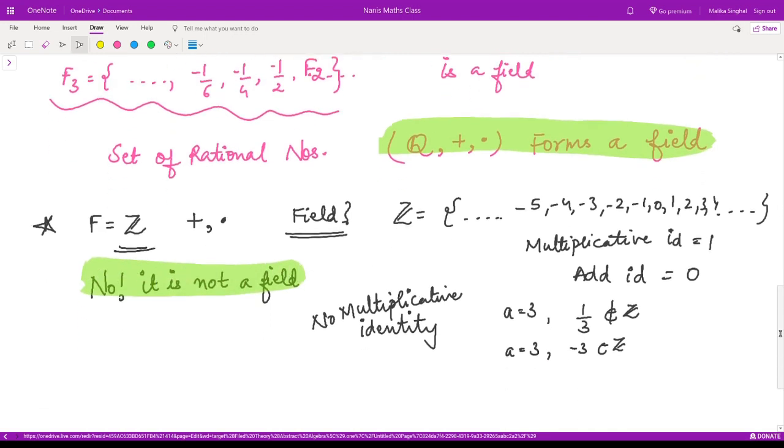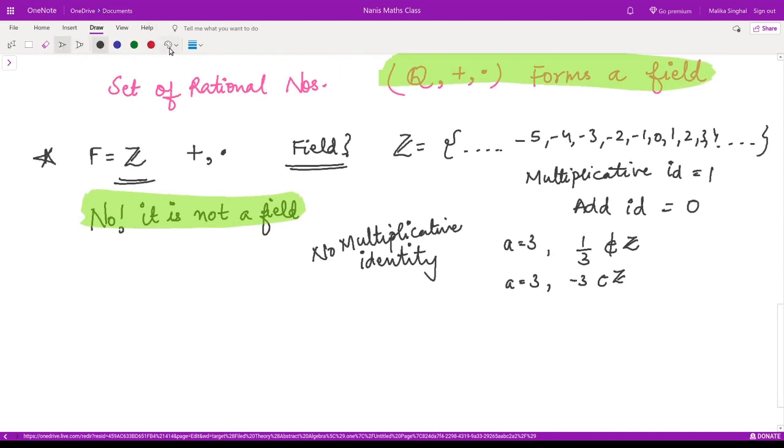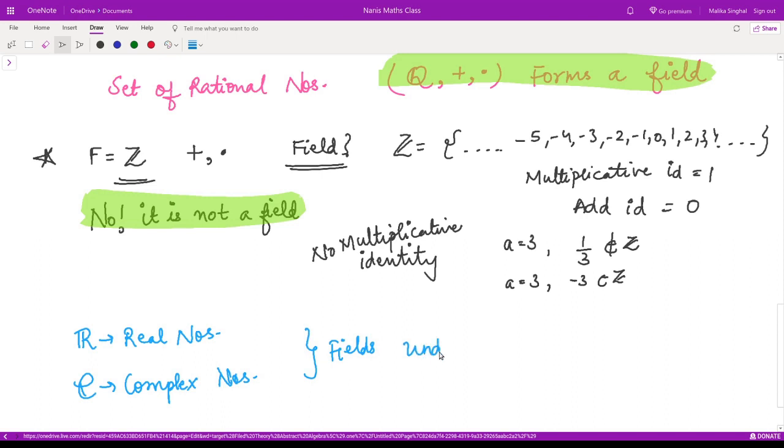Moreover, on similar grounds, we can say that the set R of real numbers and the set C of complex numbers are both fields under the operations of addition and multiplication.